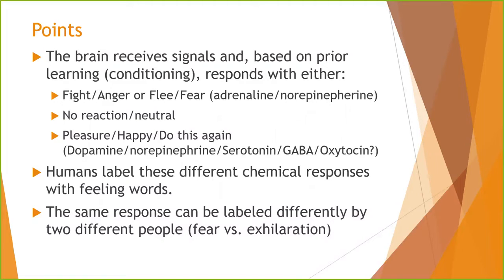It's like, I know this, I can do this, and it's really fun and it's rewarding. So they're labeling it exhilaration. The other person has high levels of adrenaline, but they're labeling it as fear. So we need to look at what's going on, what neurochemicals theoretically are being secreted, and why. Why is this either perceived as a threat or something really exciting?